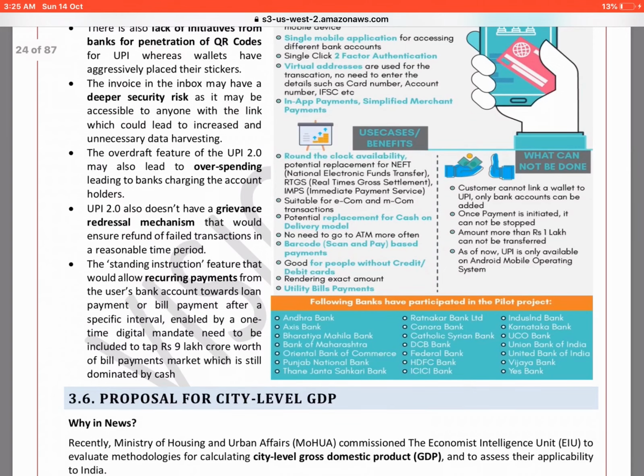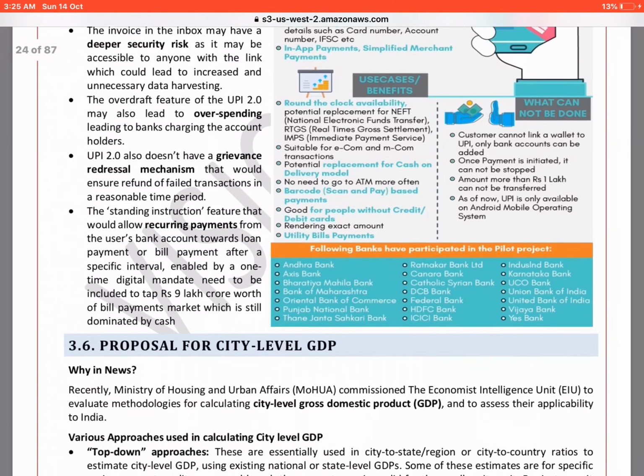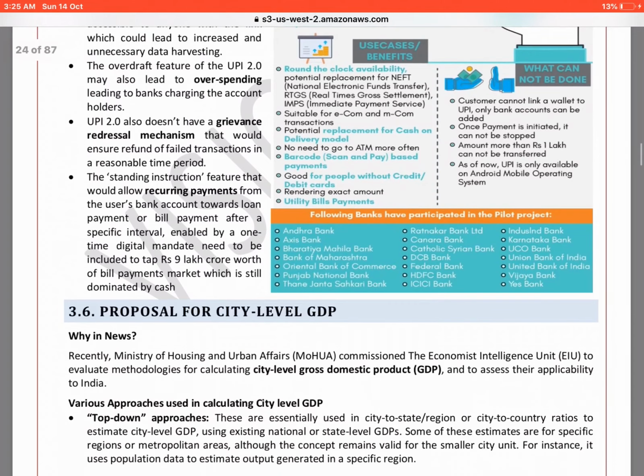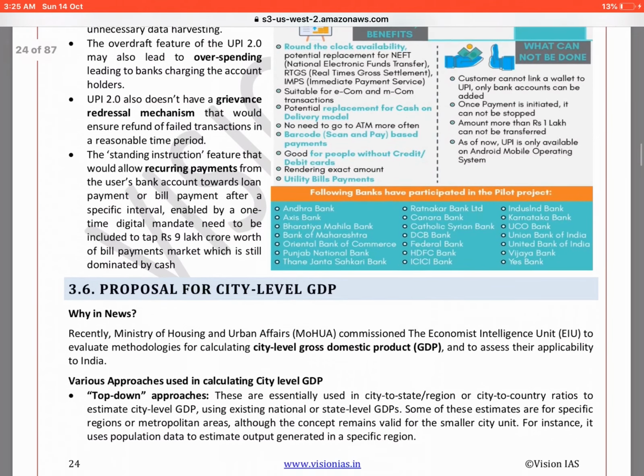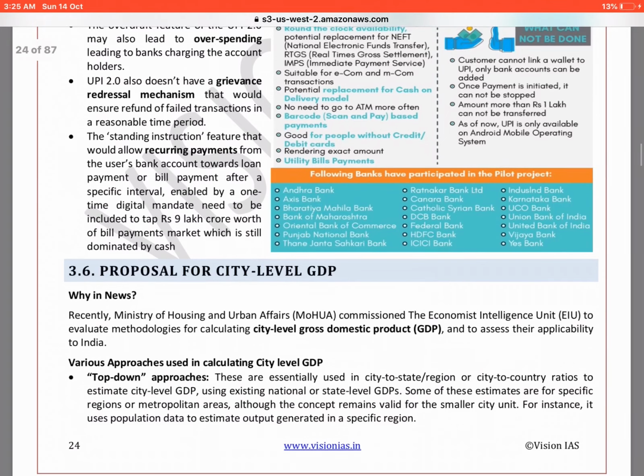Next, if you send invoices in the inboxes, it will create security risk. Next, the overdraft feature will lead to overspending, and UPI 2.0 does not have a grievance redressal mechanism. The standing instruction feature that allows recurring payments from user bank accounts towards loan payment or bill payment after specific intervals, enabled by a one-time digital mandate, needs to be included.